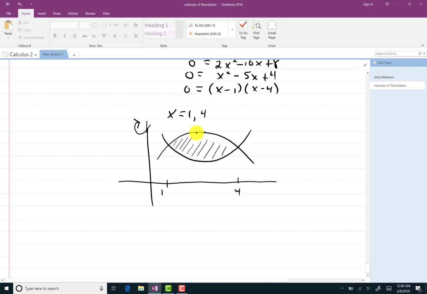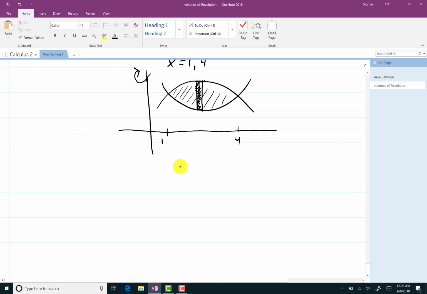What I'm going to do is once again draw a rectangle to help me out. Because if you look at that thing, when that spins around, it's going to create a cylindrical shell. So I don't think it's such a bad idea to draw that. I'll draw it with some better effort than what I put into it. Go like this.